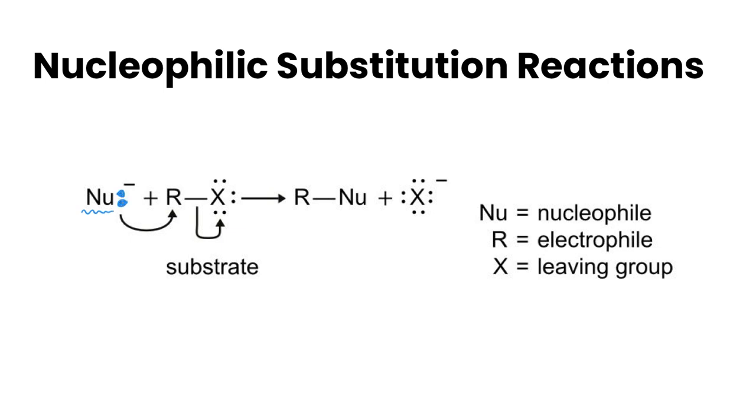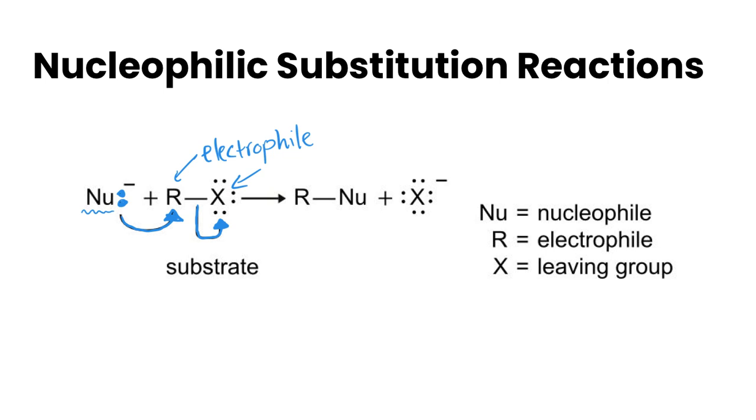This is really important. That lone pair of electrons, shown by this curly arrow, means that two electrons are attacking an electrophile. This is our electrophile. And when it does that, it kicks out the electrons bonded to a leaving group. X is a leaving group.